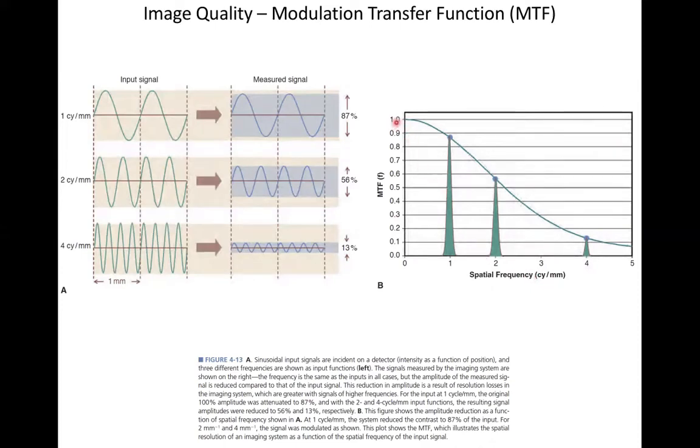And we measure on the system, we make these measurements that this frequency is attenuated to 87%. This one at 2 cycles per millimeter is at 56, and 4 cycles per millimeter is at 13%. So here are 3 data points. If I fill in all the data points in between, I see a function that looks something like this. And it's called the modulation transfer function.